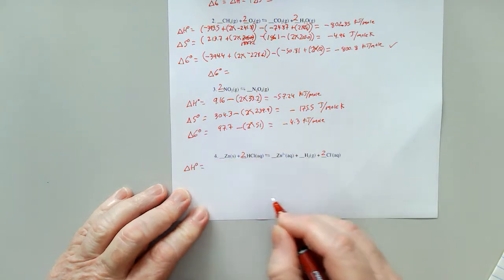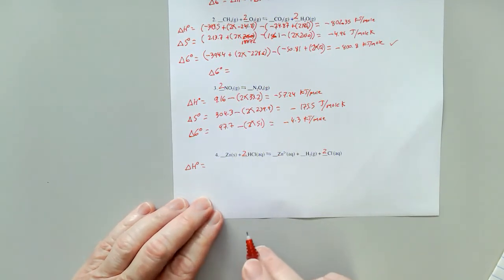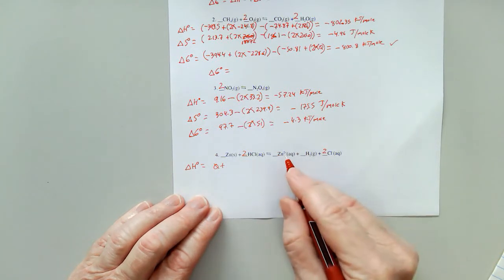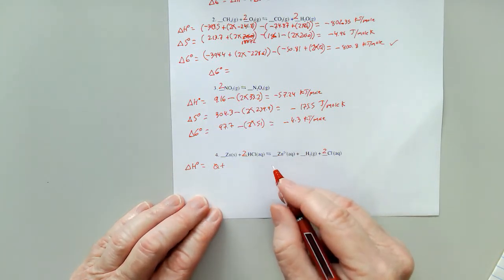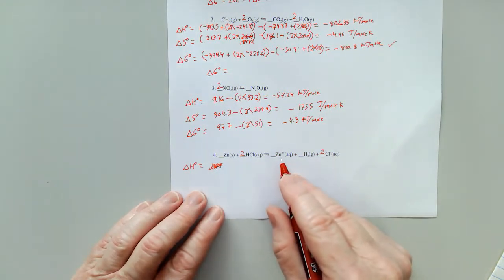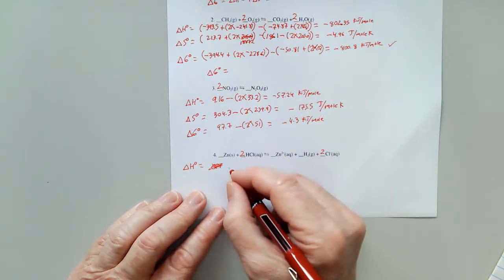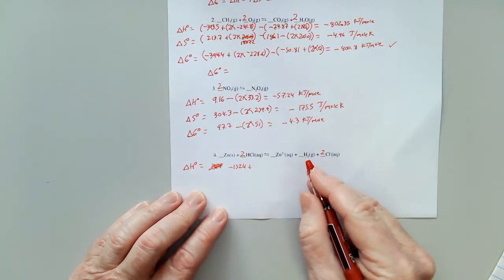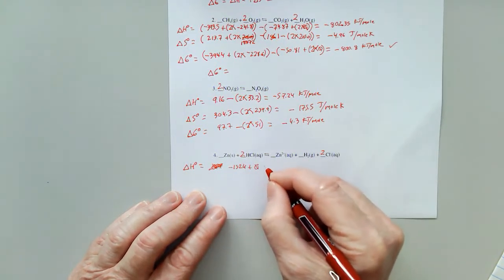Delta H naught equals. Now, a lot of values there. For the zinc, that's a 0. Zinc 2, I'm sorry, that would be zinc 2 plus ion. My boo-boo there. So for the zinc 2 plus ion, that's negative 152.4. Plus the value for H2. Oh, that will be 0, actually.